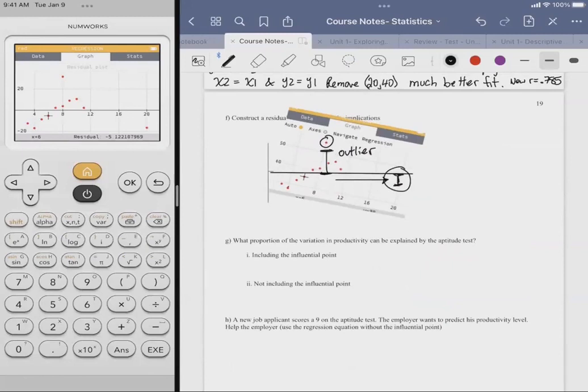So that's really all there is to it when it comes to evaluating a residual plot. Just looking to see if there are any striking deviations from the overall pattern of the distribution. Now, the implication that you're going to run into here is that a linear regression may not be the most appropriate.